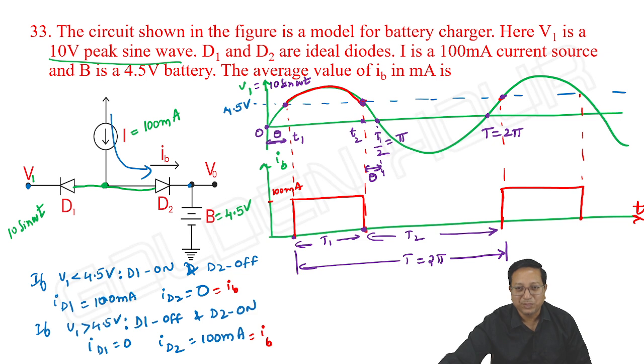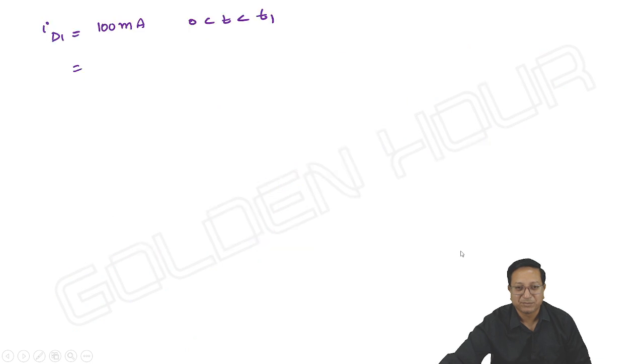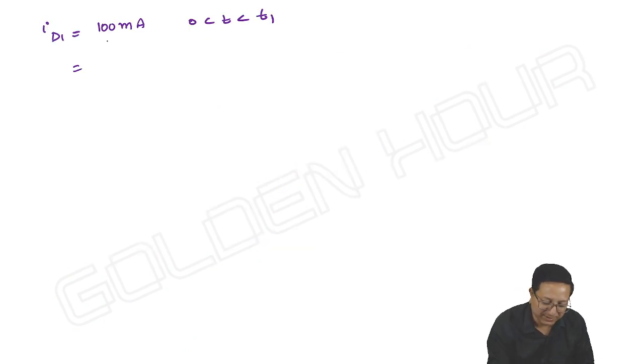Then from t2 to capital T, or I can write here this point, capital T plus T1, ID1 is equal to 100 milliampere. Exactly opposite things we can see. I'm writing it for the understanding of students, or I write the waveforms, right? Better. When ID2 is existing, that time ID1 does not exist, and vice versa.